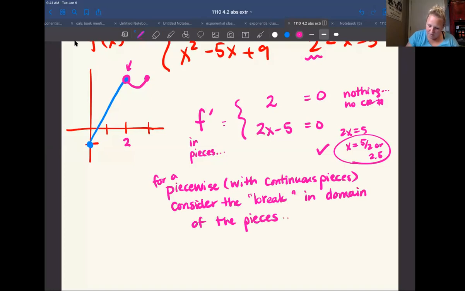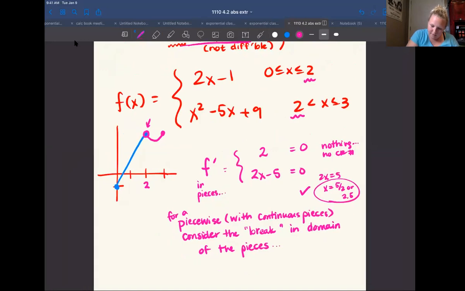When I say break, this is what I mean. You had this line 2x minus 1 from 0 to 2, and the domain split at 2. And from 2 to 3, you had a totally different function. So when I say the break in the domain, I'm having you look at this break in the pieces.